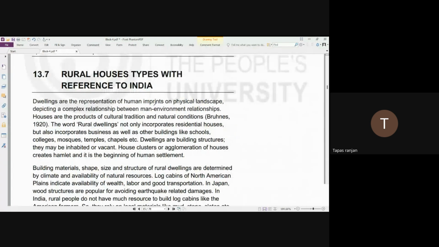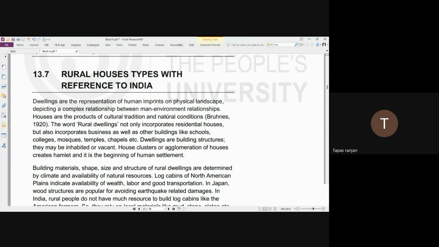Okay, so rural house types with reference to India. If we look into the rural settlements in India, we'll also be discussing different initiatives that have been taken by the government of India to construct houses for rural settlement dwellers.